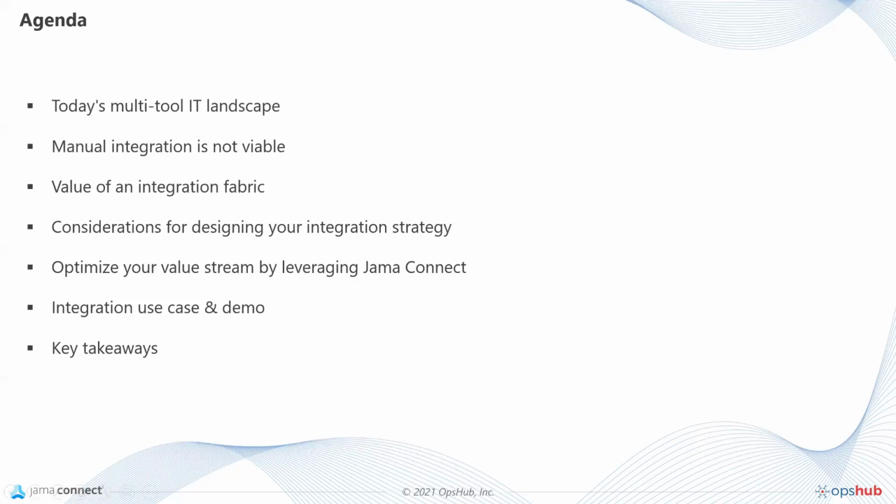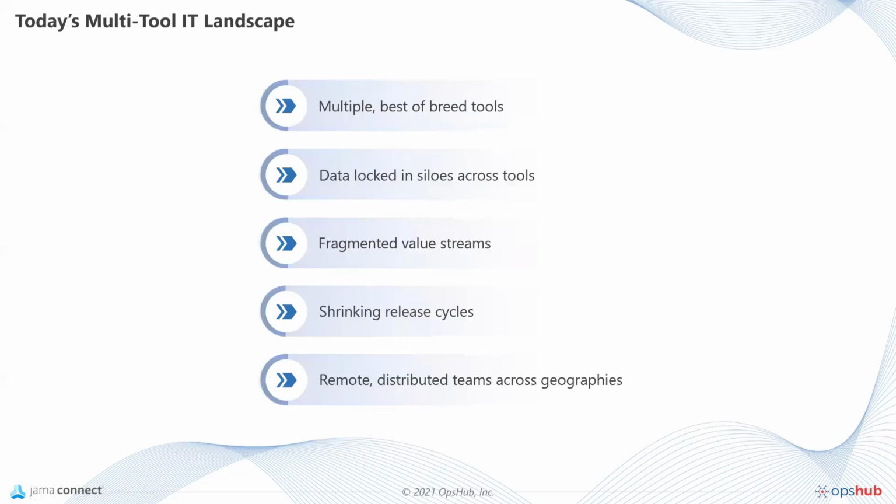Thanks, Paul. So I'm going to start with a little bit of a view here of today's multi-tool IT landscape, and kind of what that typically is comprised of in the product development sphere. Typically, what we see today are multiple best-of-breed tools.